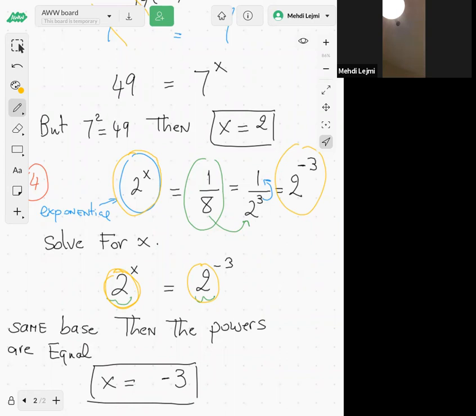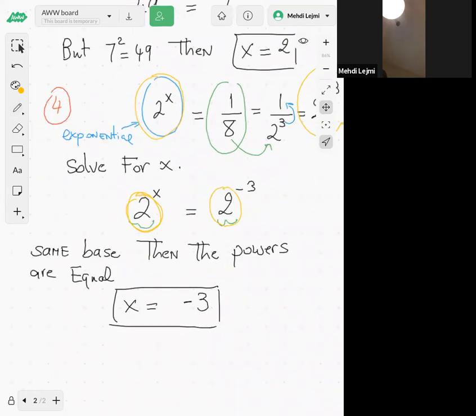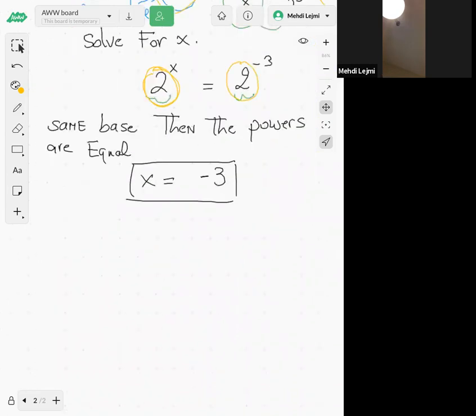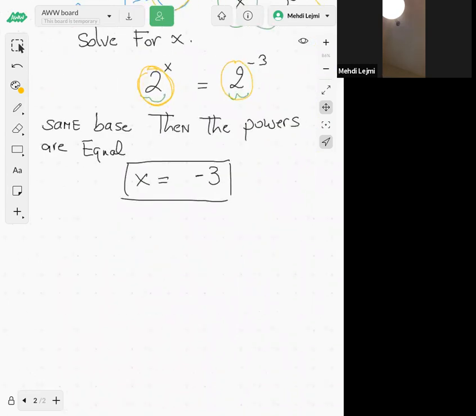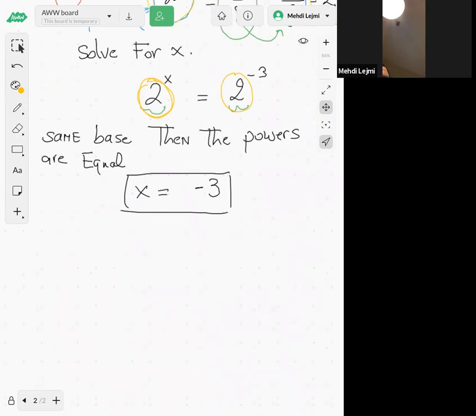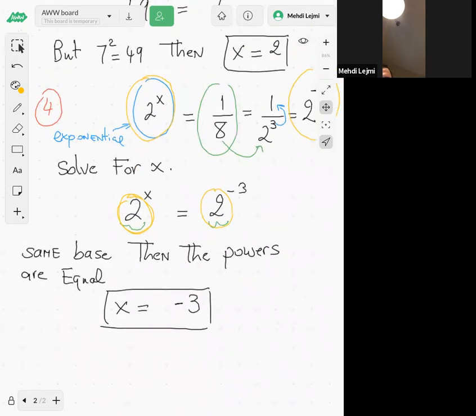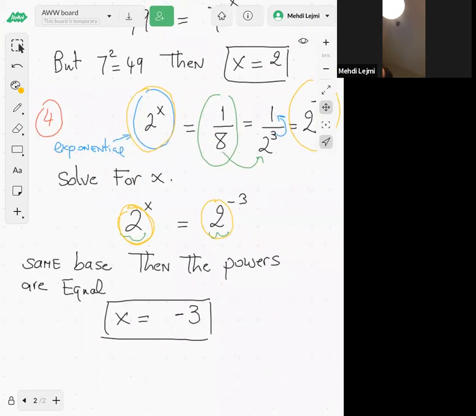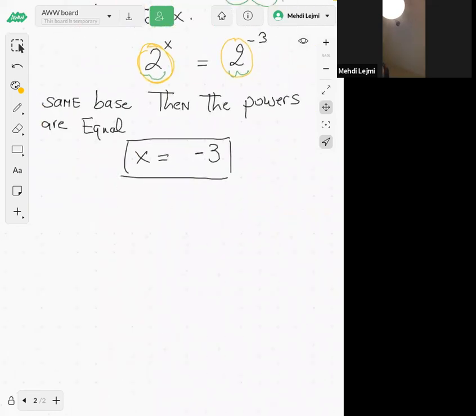All right, guys. It's just some examples, but let me give you some properties of the log function. So, some properties of the log.